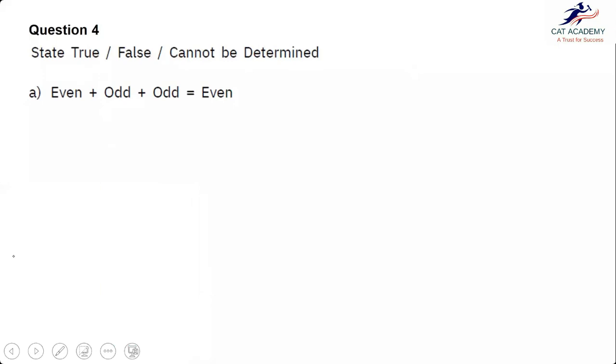So let's answer these questions. Even plus odd is even. Is it true or false? It is true, because odd plus odd becomes even, plus even becomes even. So it is true.